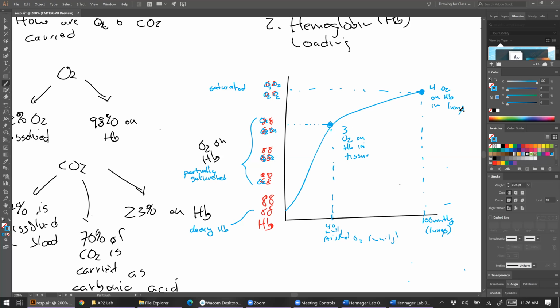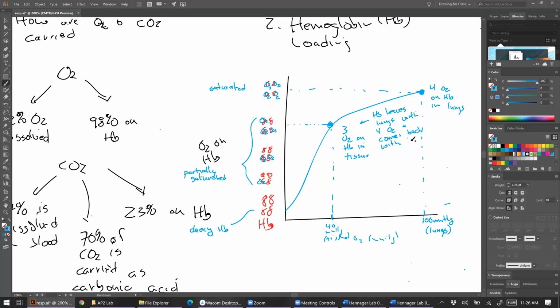Three oxygen on hemoglobin at the level of oxygen concentration in the tissue, and there's 4 in the lungs. And so what that means is hemoglobin leaves the lungs with 4 oxygen and comes back with 3.